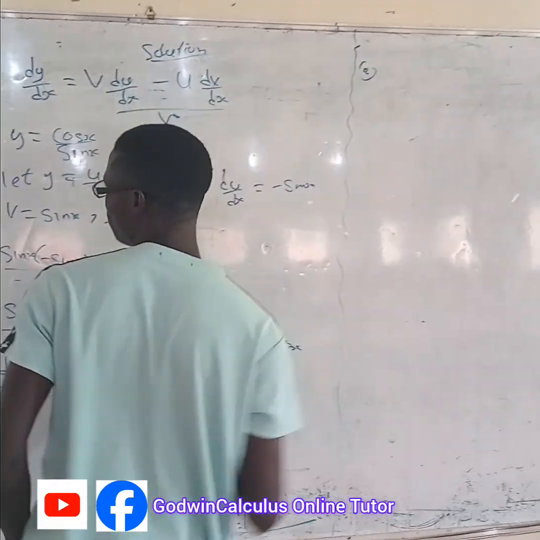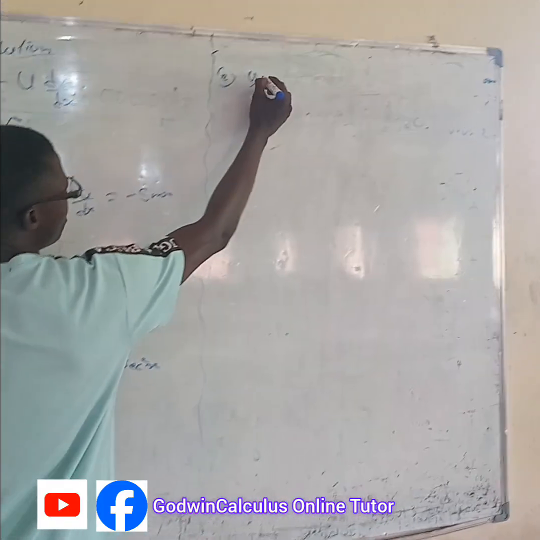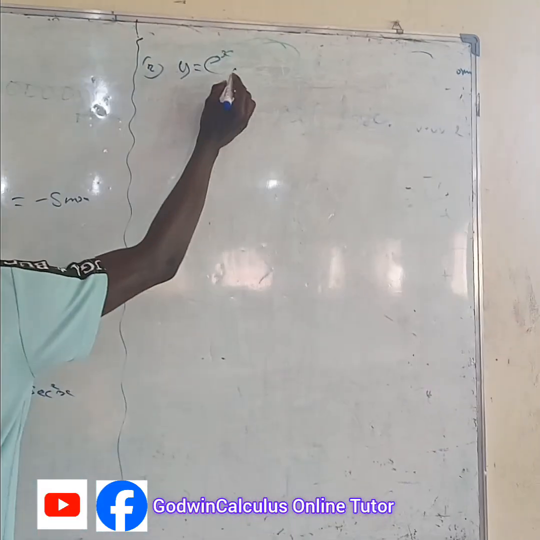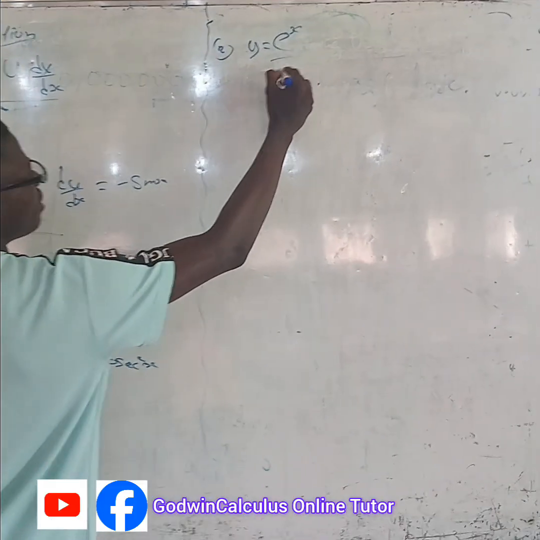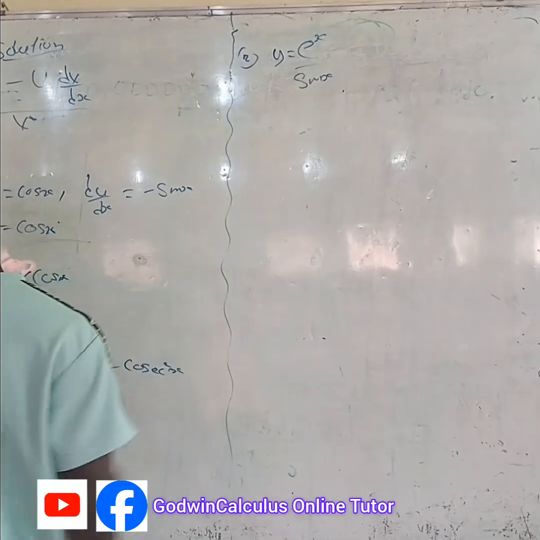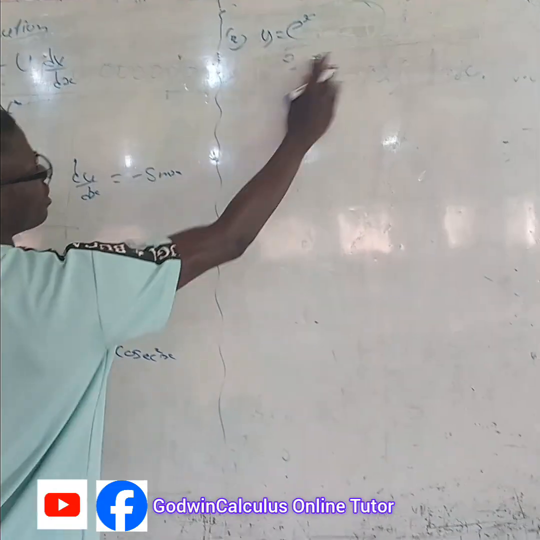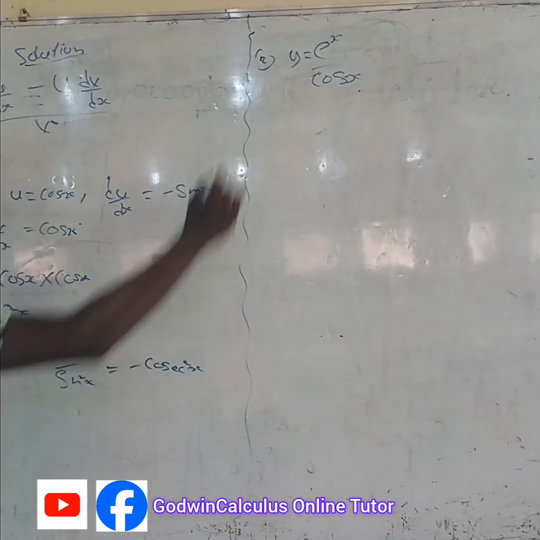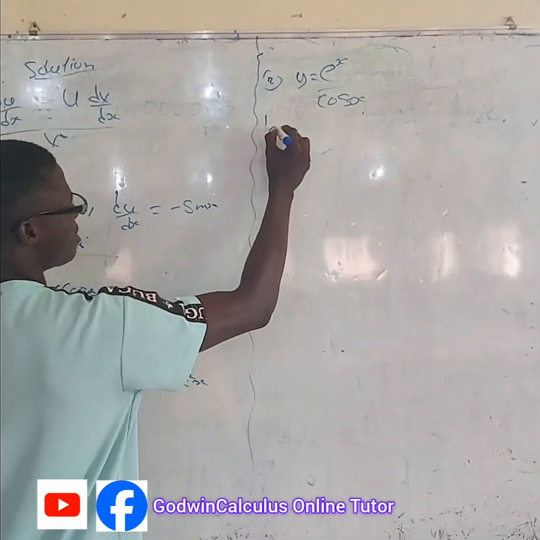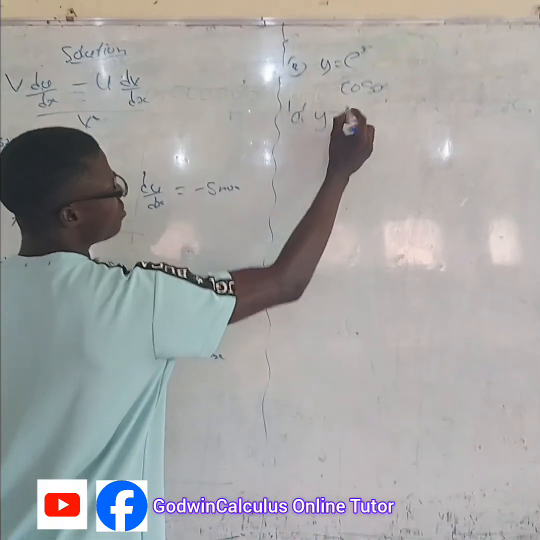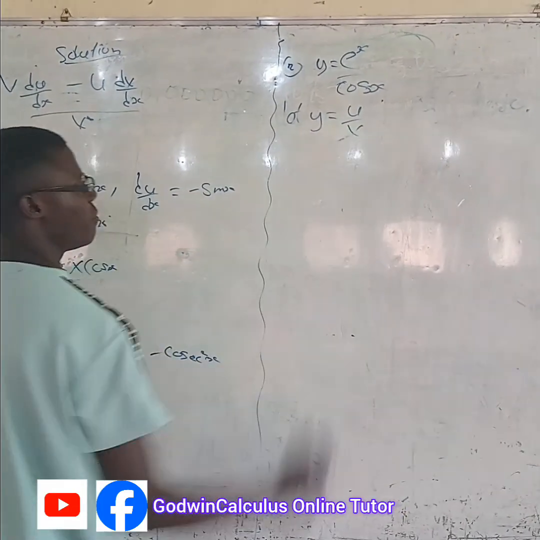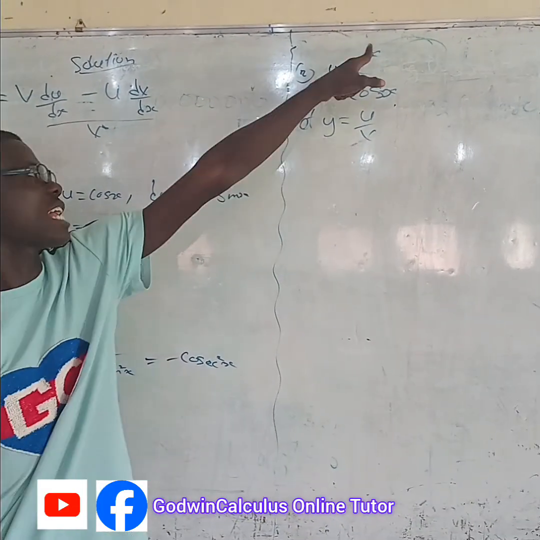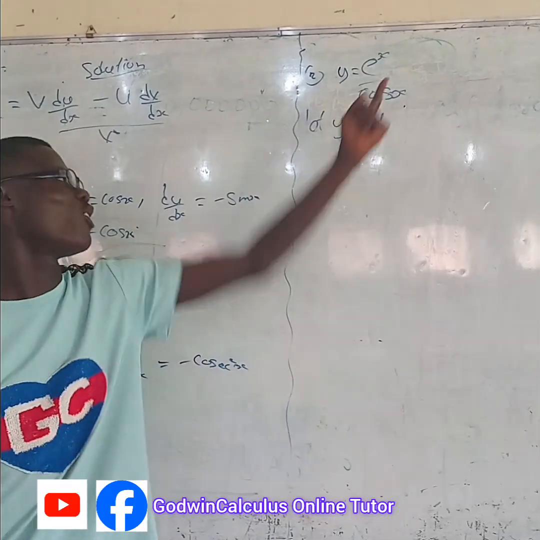The first step is to let y is equal to u all over v, where our u is e^x and our v is cos x.